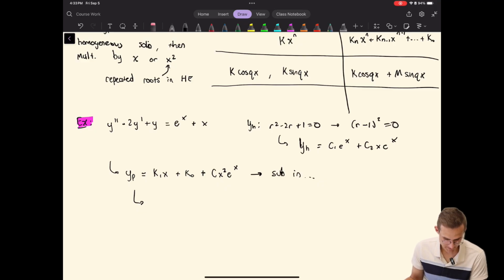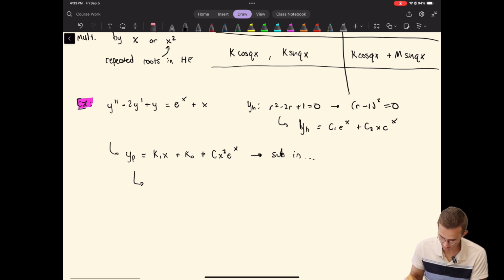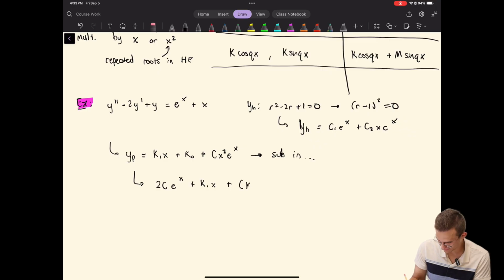Once you sub this into the equation and cancel all of the like terms, what you end up with is an equation like this: 2c e to the x plus k1 times x plus these two constants added together, k0 minus 2k1, is equal to, on the right-hand side, e to the x plus x.